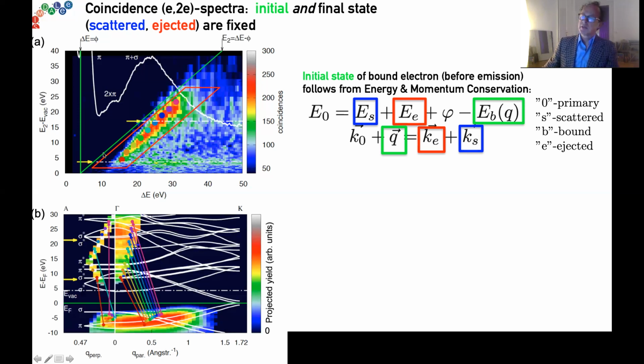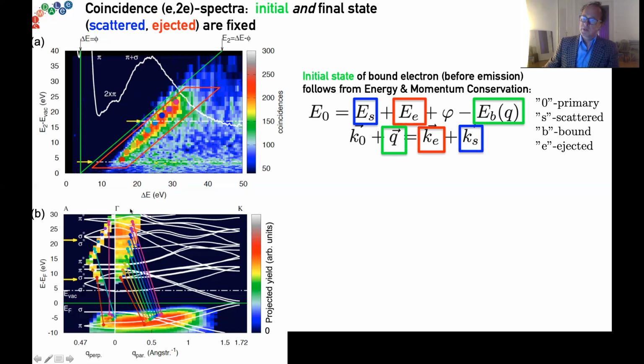So these data here within this red parallelogram with these equations are converted to K-space, and the result is shown in the bottom panel here, where it is overlaid on the band structure of highly oriented pyrolytic graphite along the gamma A direction that's parallel to the C-axis, parallel to our surface normal of the sample in our experiment, and the gamma K direction.